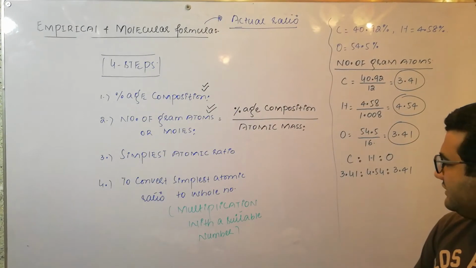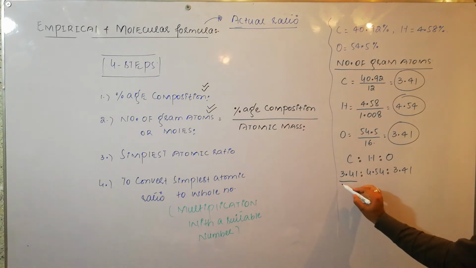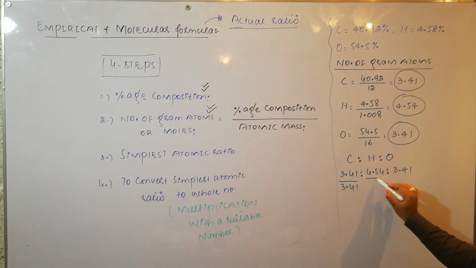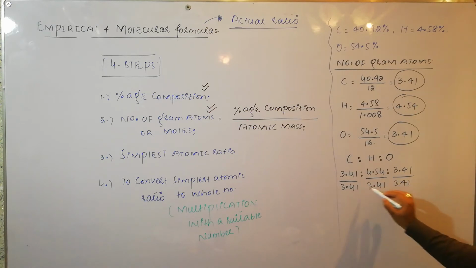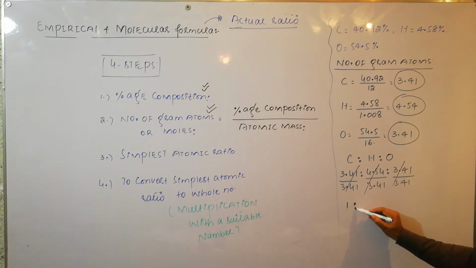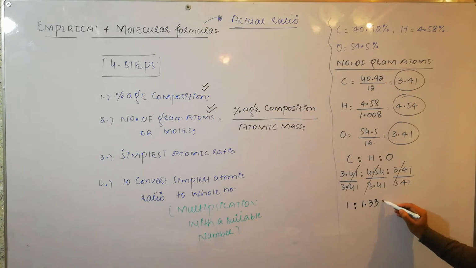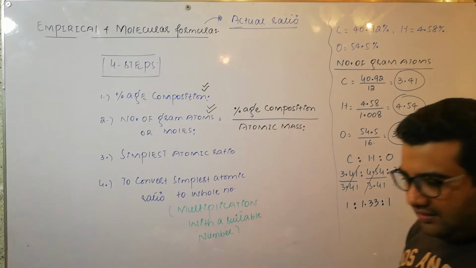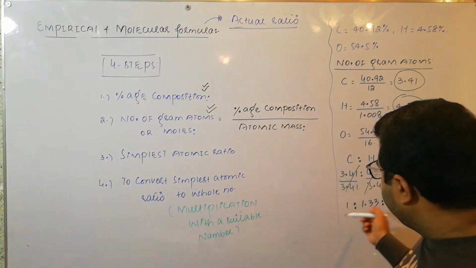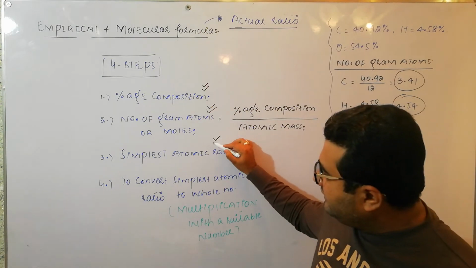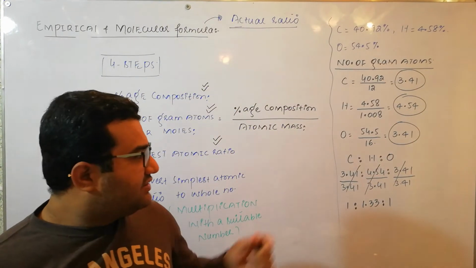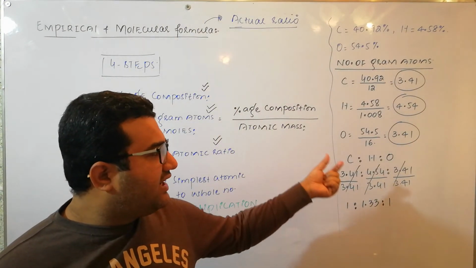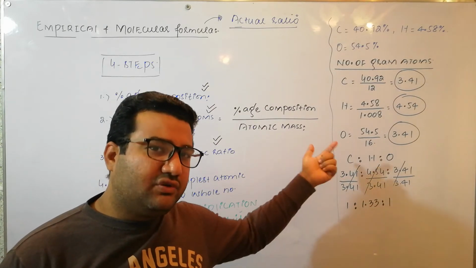We will divide every value with 3.41. It will be calculated and it will come out to be 1:1.33:1. Now this 1:1.33:1, that is the simplest atomic ratio. So how is the simplest atomic ratio calculated? By dividing all the values of the gram atoms with the smallest of those values.